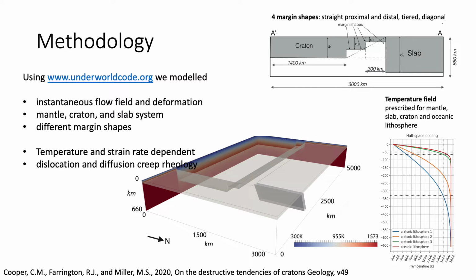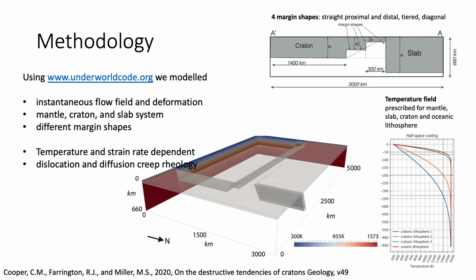Up in the top right-hand corner, I've highlighted the different shapes. In the gray, we can see we had this tiered step shape. We also, in the small dashed line, had a diagonal margin shape. And we also had 2 straight shapes. One craton was butted up right against the slab, and another was at a distance of 300 kilometers.